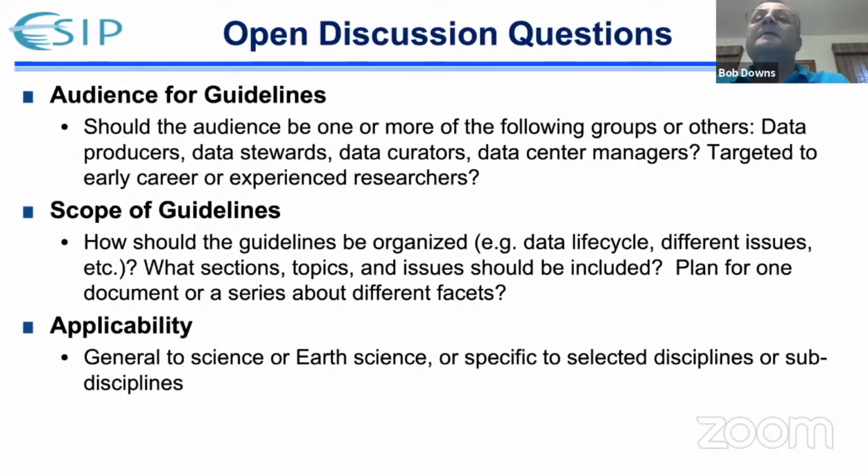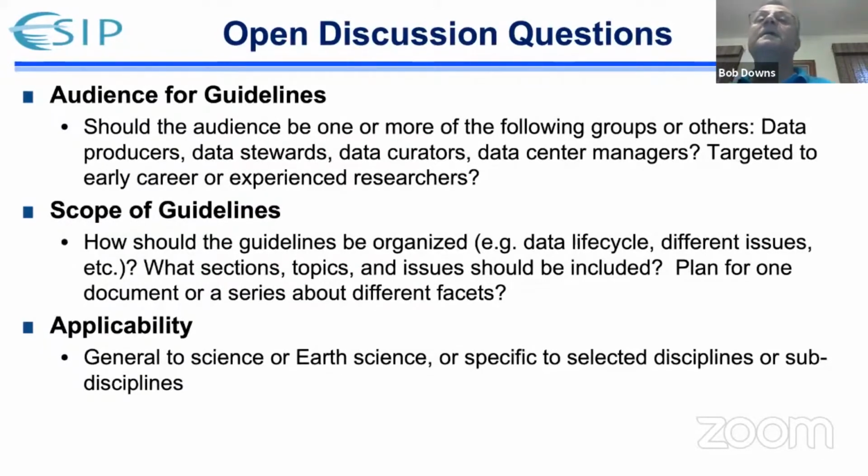In doing that, I think it's important to first discuss the potential audience. Then following that, we should talk about the scope for the guidelines, or even in conjunction with the audience, if you will. And then its applicability, and following that, what we should do in terms of the publication of the guidelines and our general approach.